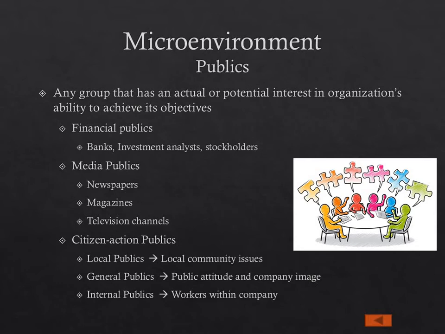For example, financial publics. Now the financial publics are the banks. They give you the loans. Because they are giving you the loans, their vested interest would be that your business should bloom, so that they can get the interest back. Same is the case with the investment analysts and stockholders. They're all investing in your company.